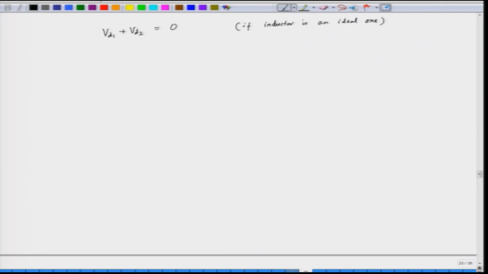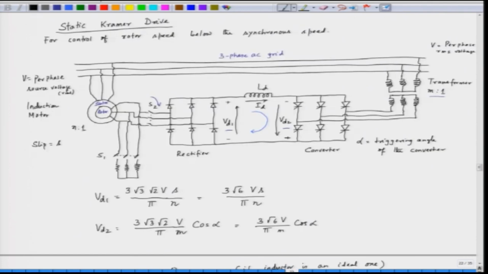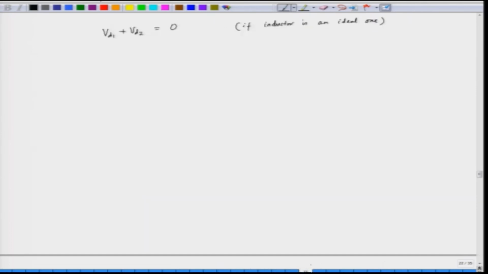If the inductor is an ideal one, there is no drop here. So, we can say that VD1 plus VD2 is equal to 0. So, we get the following equation.